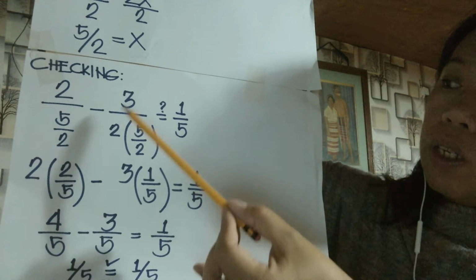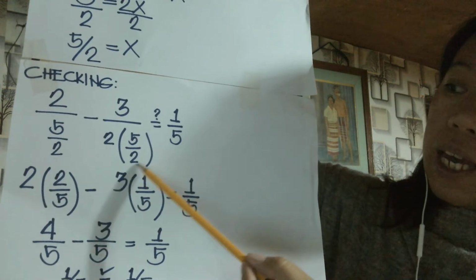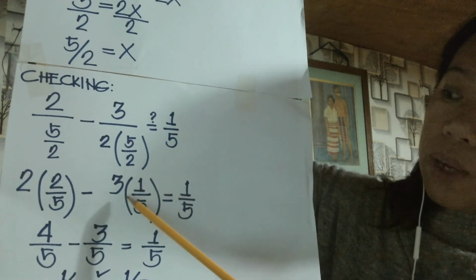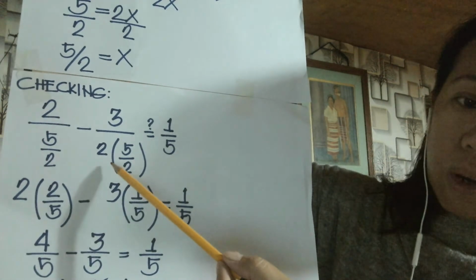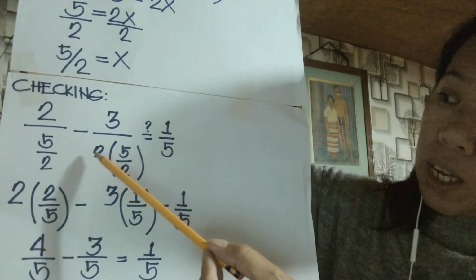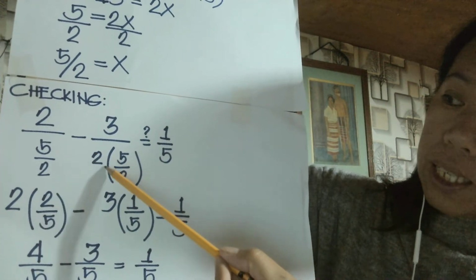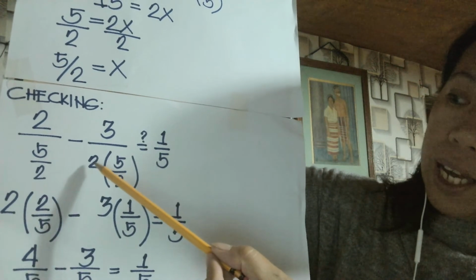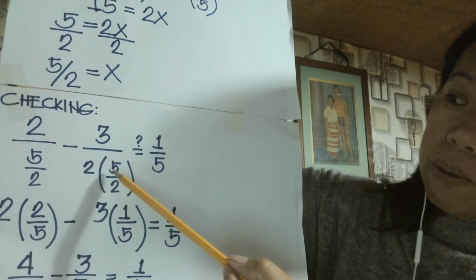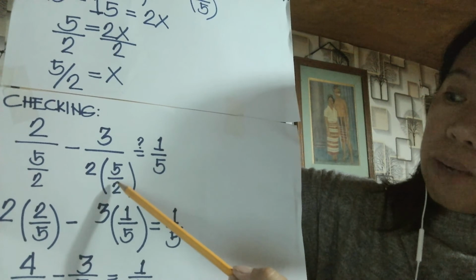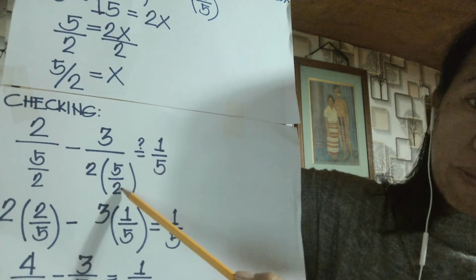Minus 3 there. Again, how did we get 1/5? So let's show how we got 1/5. So we cancel this out, or simply 2 times 5 is 10 divided by 2 is 5.